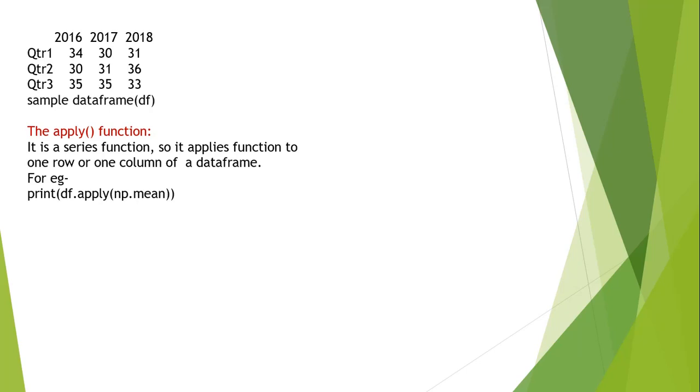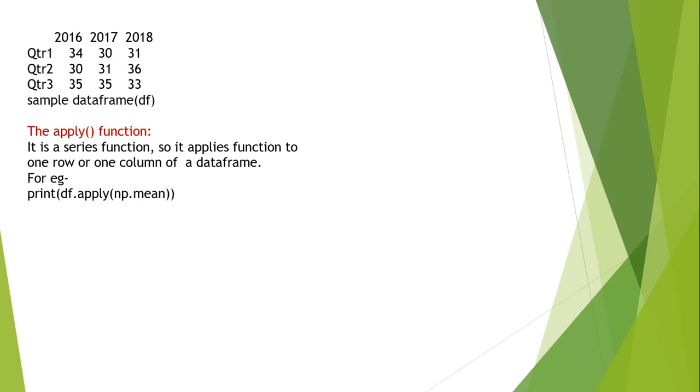Now this apply function is a series function, so it applies a function to one row or one column of a data frame. As you know, the data frame consists of single columns also. These single columns or single rows can be treated as a series. So when you apply an operation over a single column or a single row, that is treated as an operation over a series.